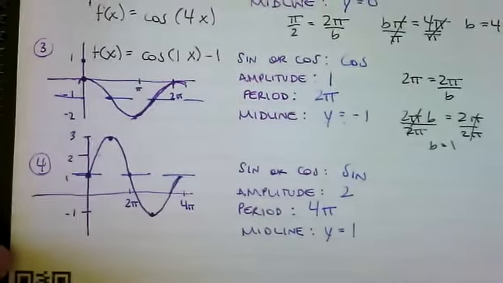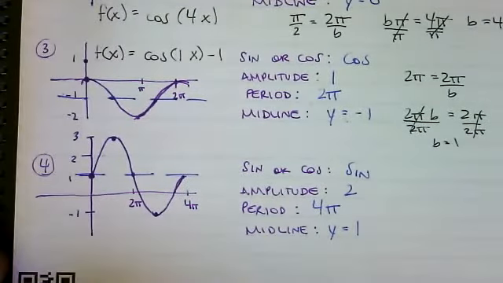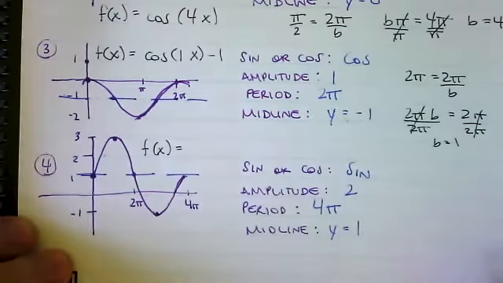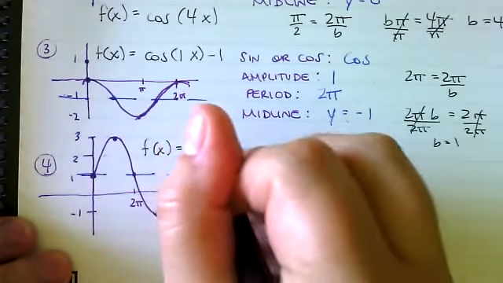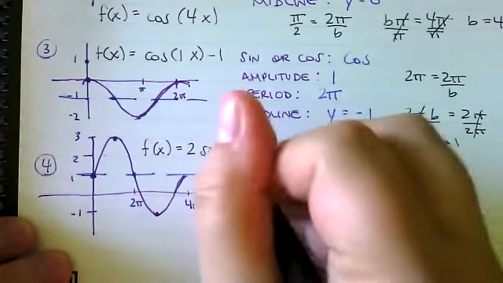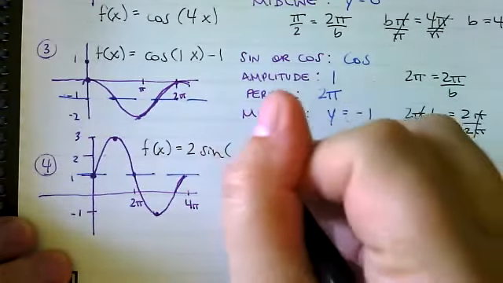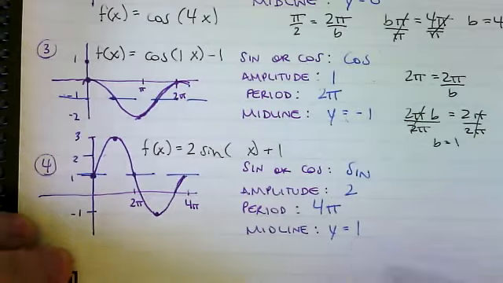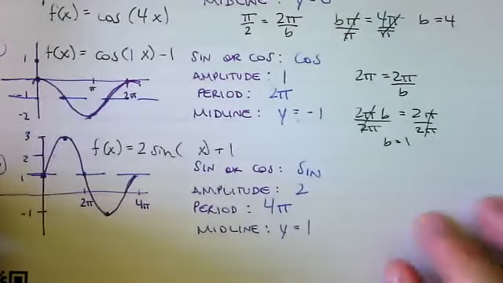Question number 4, last one. So this one's sine. So I've got f of x equals, my amplitude is 2. So I've got 2 sine, something goes in there with the x, and then I have a plus 1 at the end from my midline here. So now we're just going to solve to find that B value.